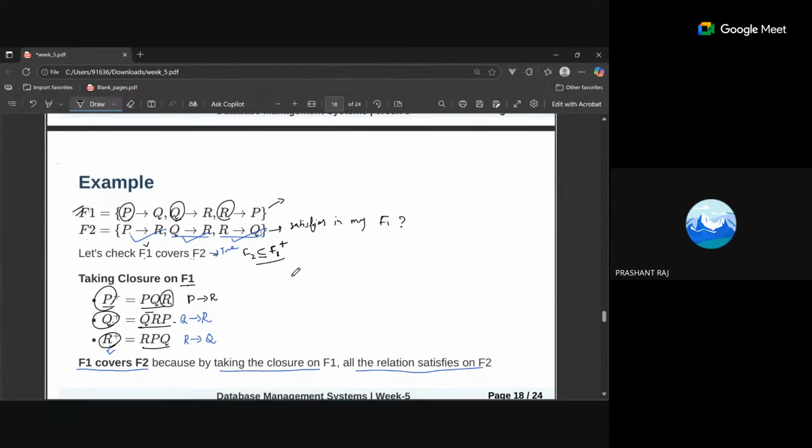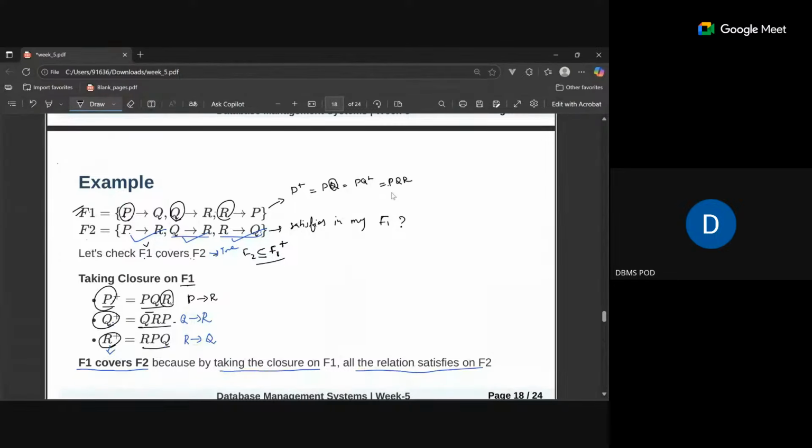Sir, how do we derive the closure? If you take P closure, P determines Q, right? So I can write PQ. Again, Q determines R, so I can write PQR, because Q is there. So I'll take PQ closure, this Q determines R, again I'll take PQR, right? Since R determines P, P is already there.